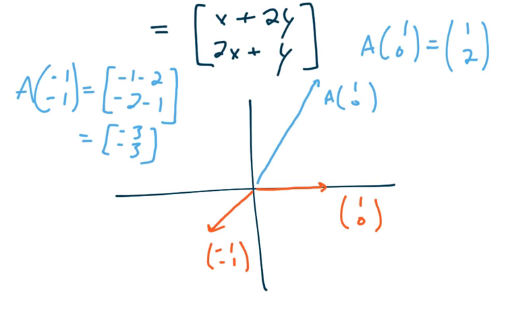So that is -3, -3. So if I draw that vector, I get this. Isn't that odd?